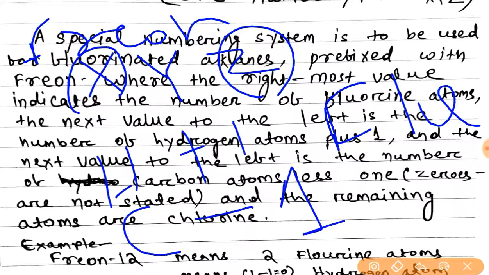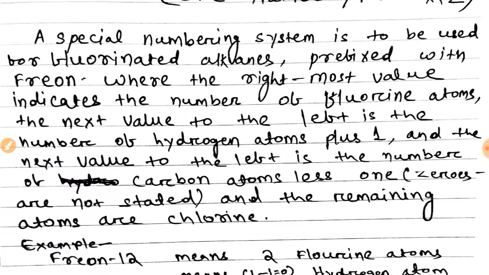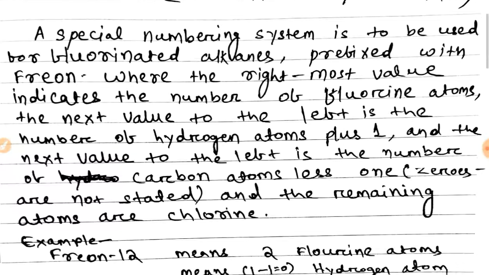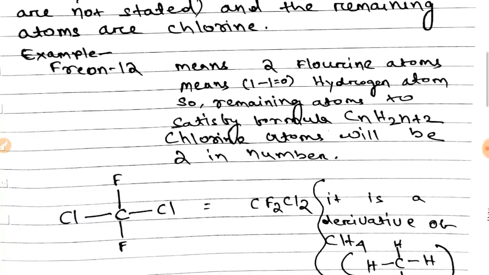So that's why the numbering system is given as Freon XYZ, and the remaining atoms in that molecule are chlorine atoms.